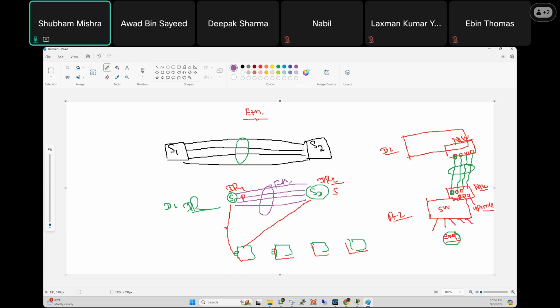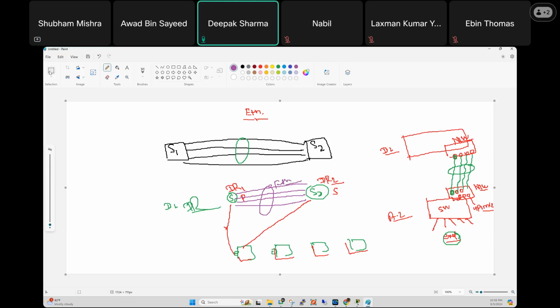EtherChannel. And this type of topology you will get in most MNCs. So between the DRs there will be a number of links, and we use EtherChannel there. Clear? I hope you understand very well.